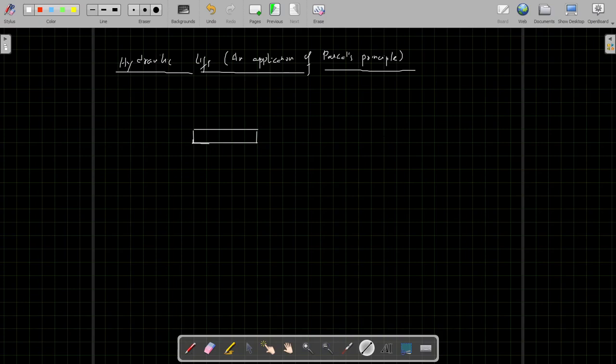There is another flat base here which is fitted with a piston. There is a small piston, there is a big piston like this.